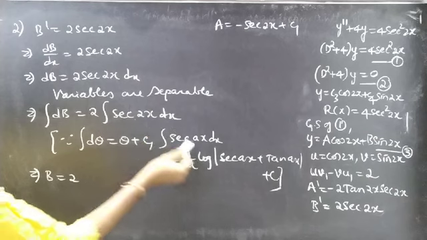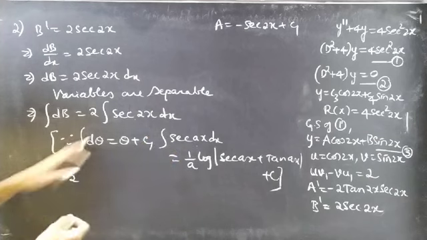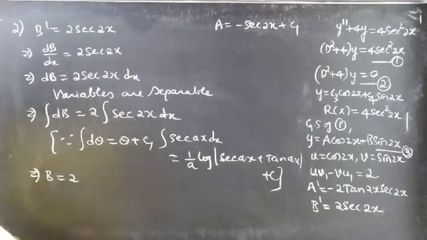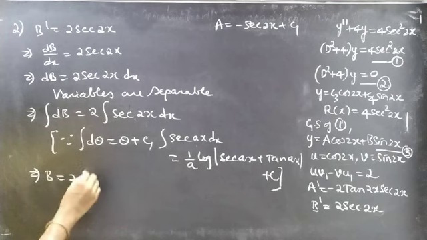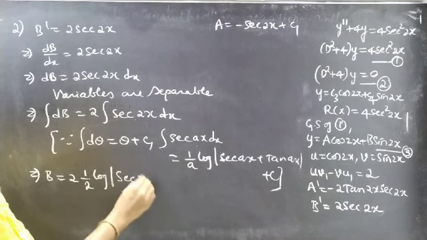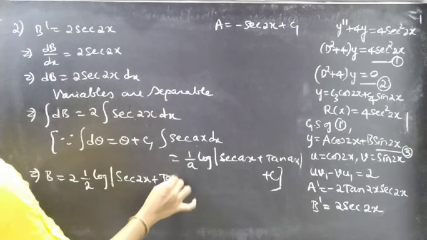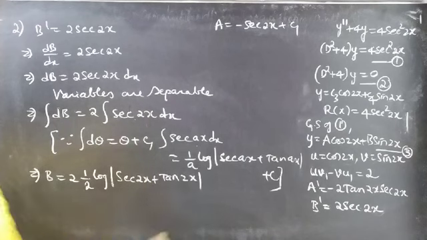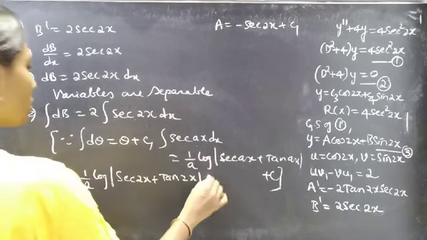Just compare integral secant 2x with secant ax, then for a equal to 2 we'll get 1 by 2 log mod secant 2x plus tan 2x plus integral constant c2.